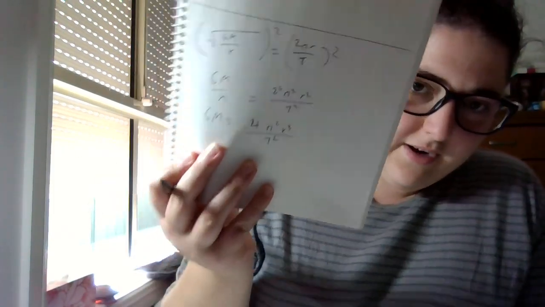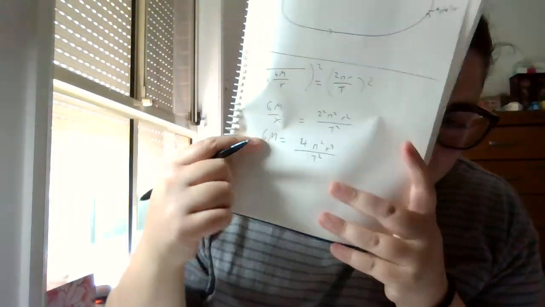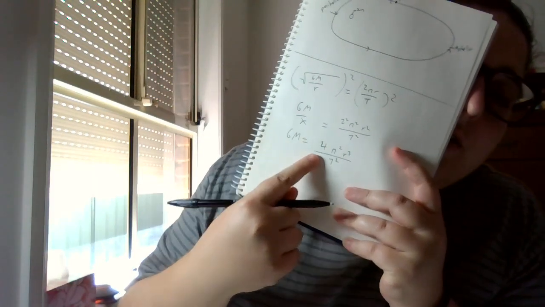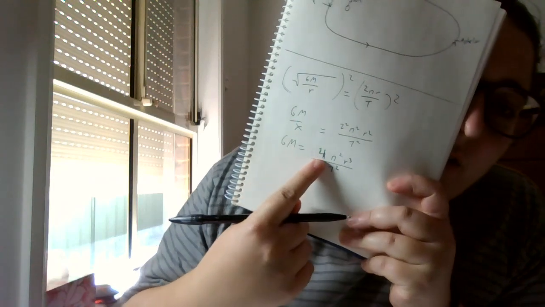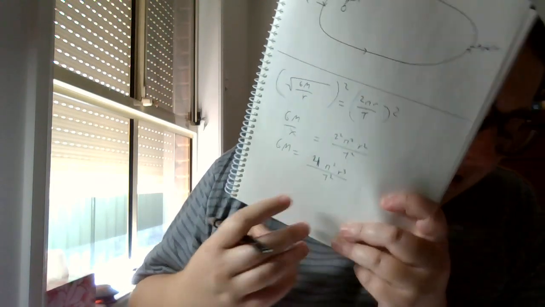Now we get rid of the r on the bottom by multiplying by r, which makes it GM equals 4 pi squared, and r squared times r is now r cubed, over t squared. Okay, this is what we have now. GM equals 4 pi squared r cubed over t squared.